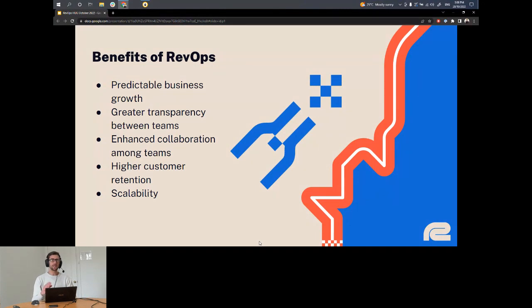When everyone has the same objective and can access the same accurate information, it's a lot easier for your business to make the right decisions. And RevOps gives you that. It creates visibility across your teams and creates alignment in all the handoff points.